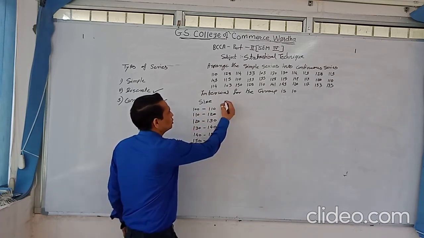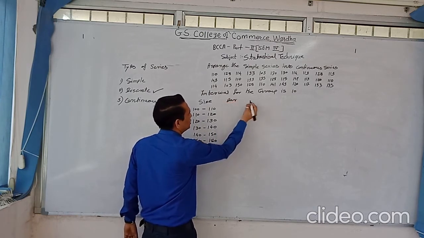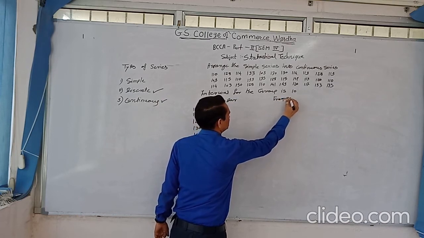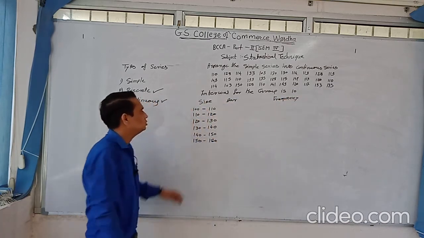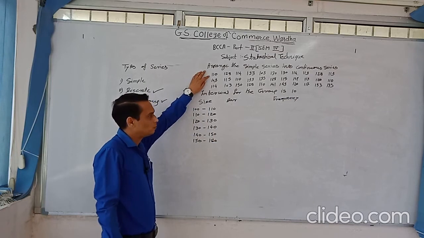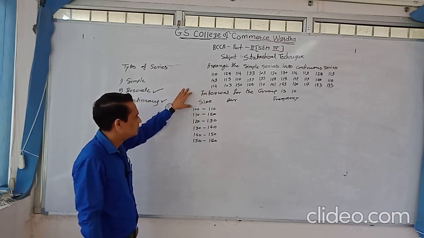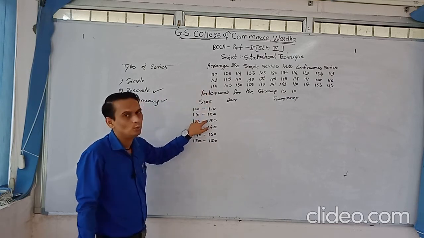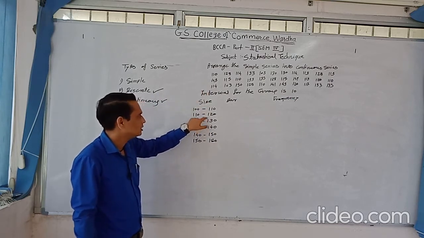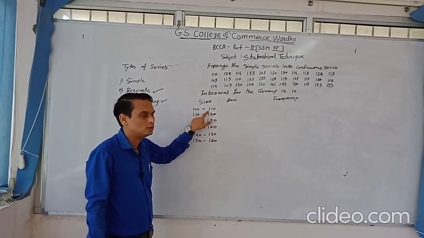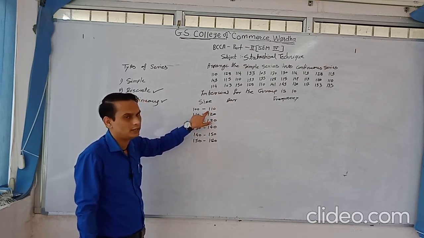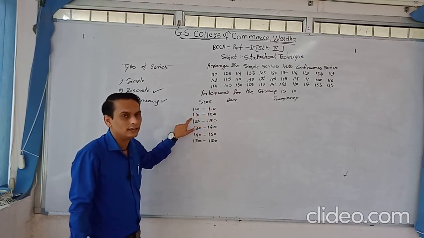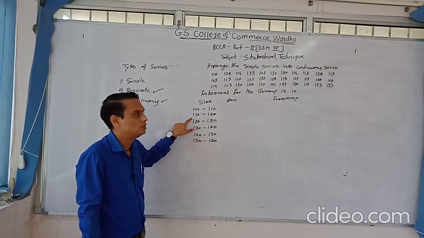Okay, so again we create a bar table and then calculate the frequency. The first value is 110. We have the groups 100 to 110 and 110 to 120. We discussed earlier that 110, the upper limit of a group, is not included in that group, but it is included in the next group because it starts from 110.